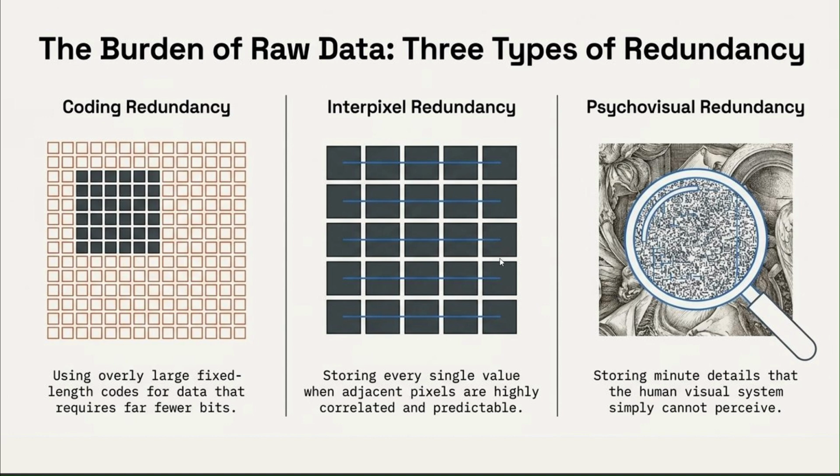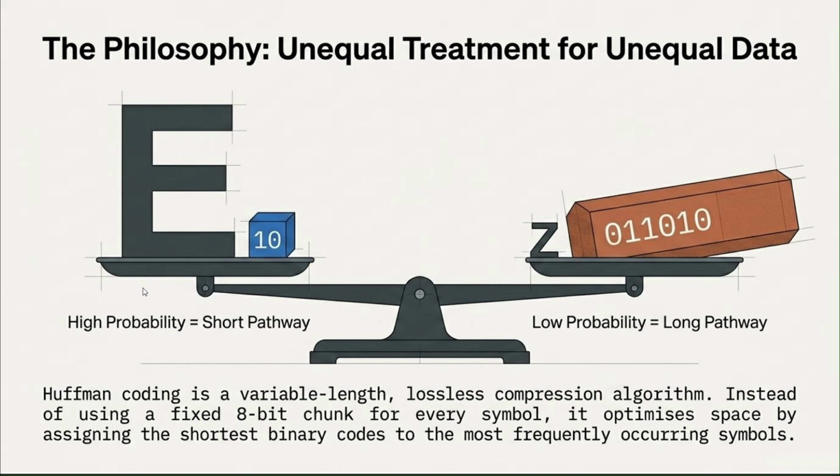At its core, Huffman coding is a highly efficient, lossless data compression algorithm. When we talk about image or data compression, our main goal is to reduce the amount of data required to represent information by removing redundant data. Huffman coding specifically targets what we call coding redundancy.